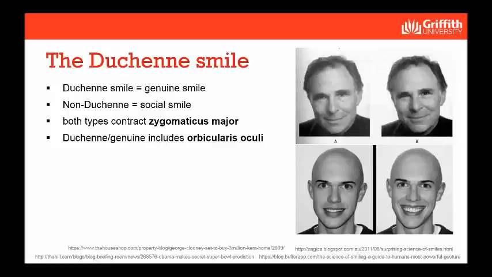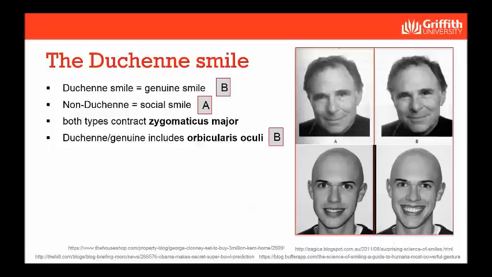Can you determine which of the pairs of photos depict a Duchenne smile and which pair depict a non-Duchenne smile? The faces labelled A show two men displaying non-Duchenne or social smiles. The faces labelled B show the same two men displaying Duchenne smiles with genuine positive emotion.